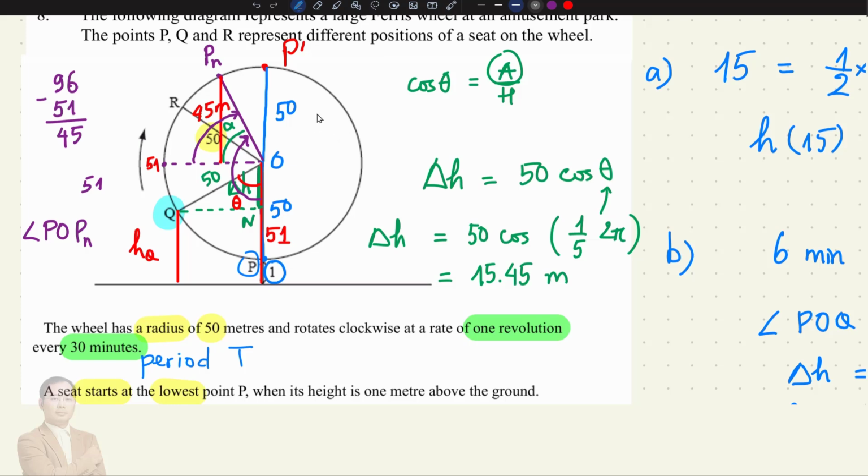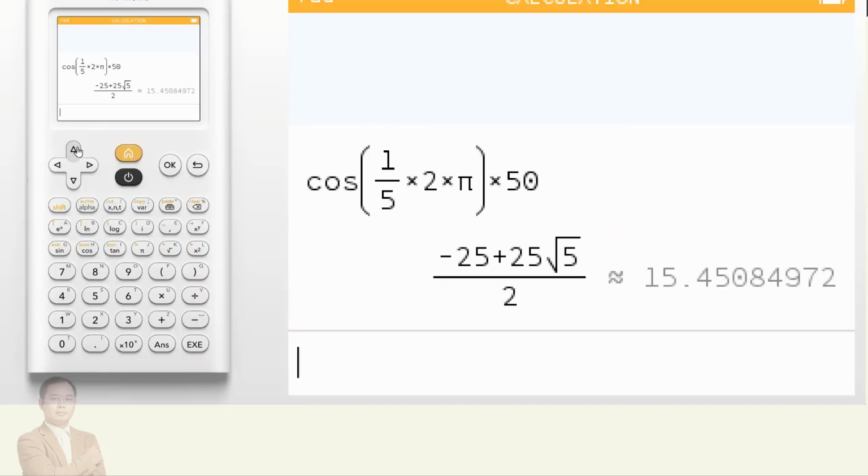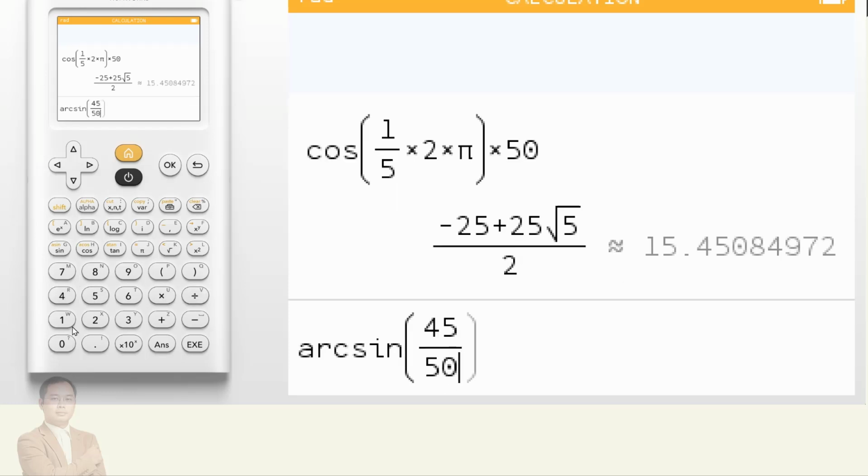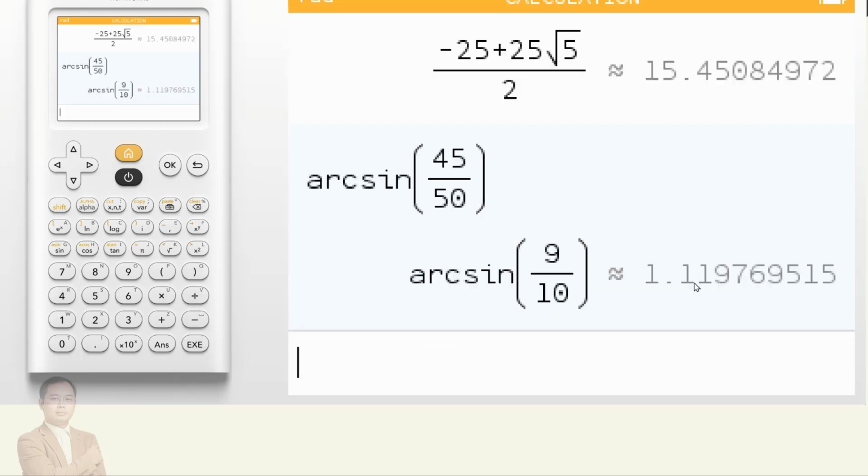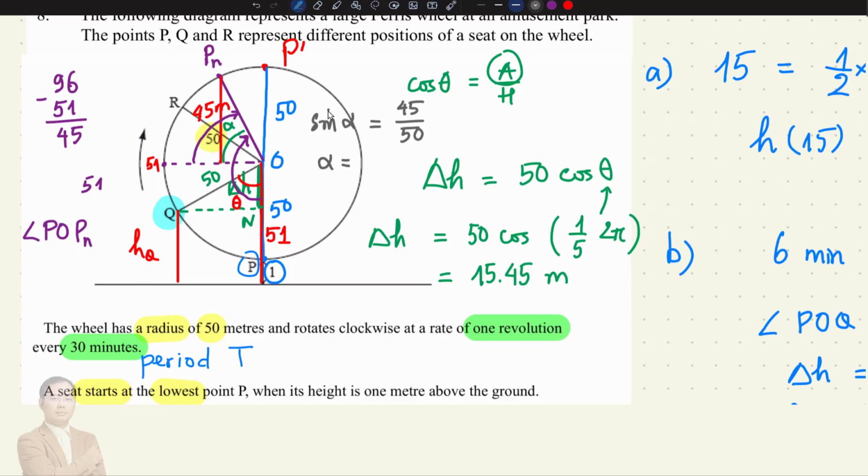The sine of angle alpha is opposite 45 over hypotenuse 50, and therefore alpha is determined by taking the inverse sine of 45 over 50. That angle is 1.12 radians.